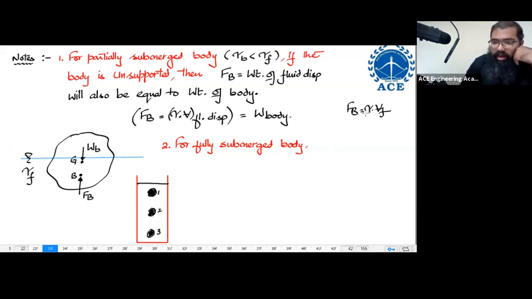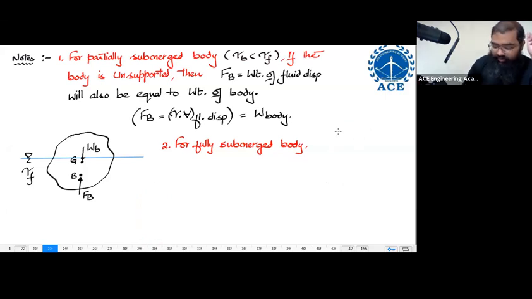If the value of gamma is constant and the value of volume of fluid also is constant, this basically means FB has to be independent of depth of submergence for a fully submerged body as long as the density of the fluid remains constant.